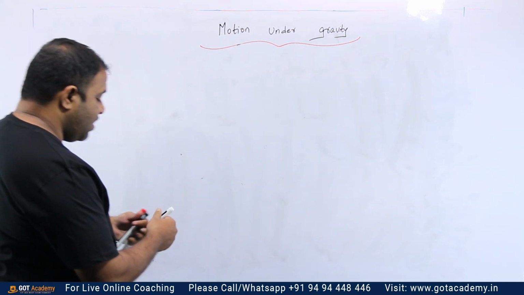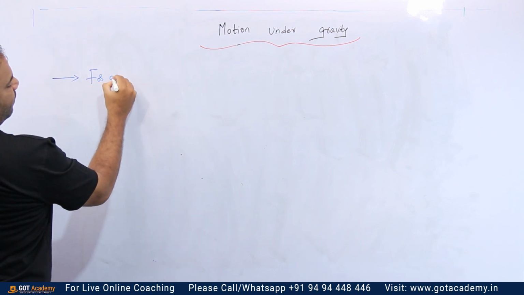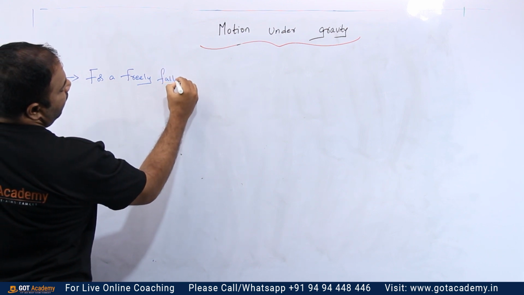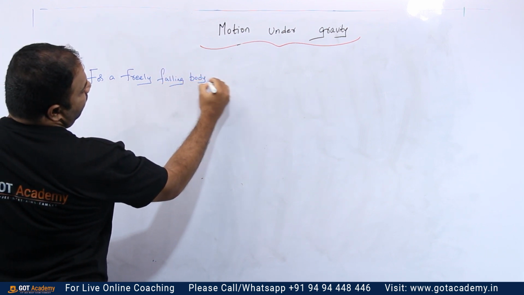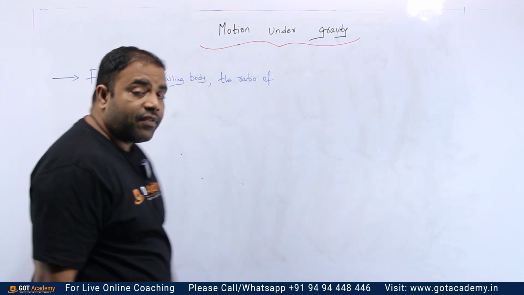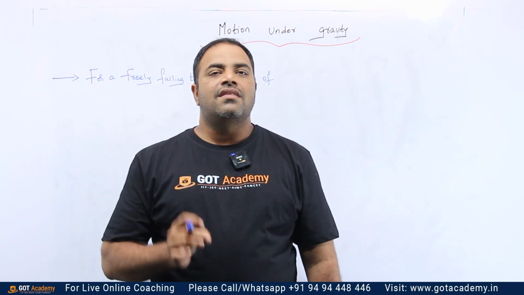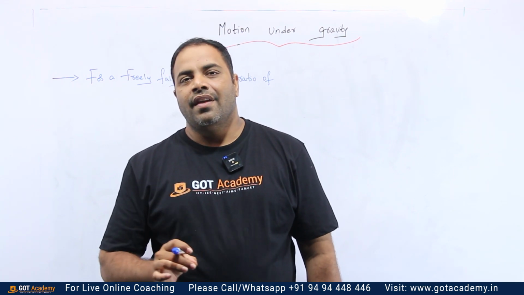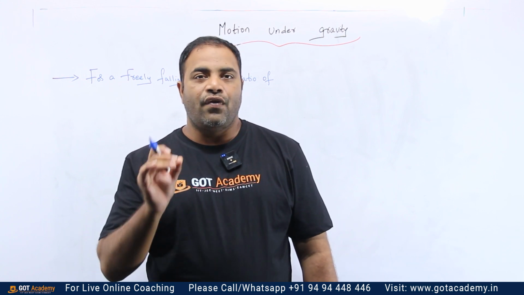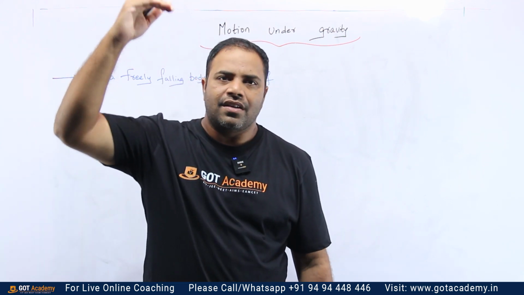So next, let us see its applications one by one. For a freely falling body, we are going to find the ratio of the distances covered by the body in 1 second, 2 seconds, 3 seconds, 4 seconds, etc., for its journey from the top of the tower to the foot of the tower.